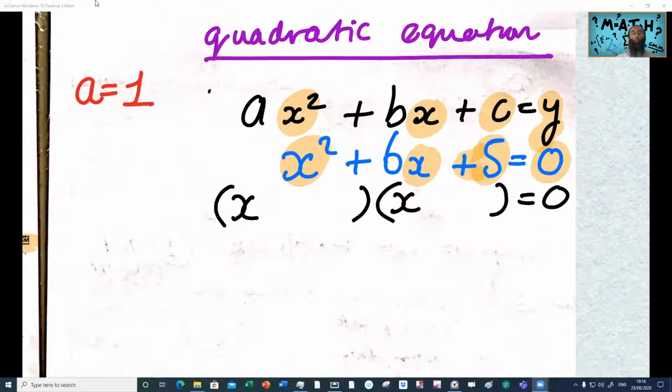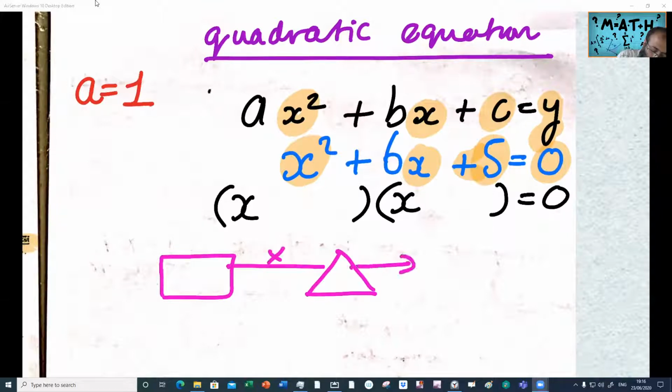So we are looking for now two numbers, represented by the rectangle and the triangle. When you multiply these two numbers together, it gives you the c value. When you add these two numbers together, it gives you the b value.